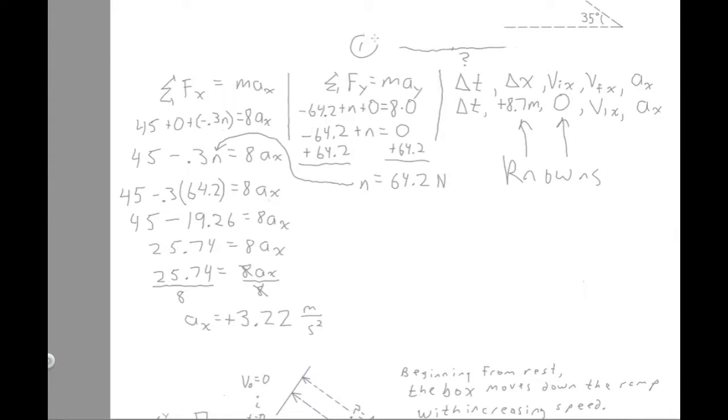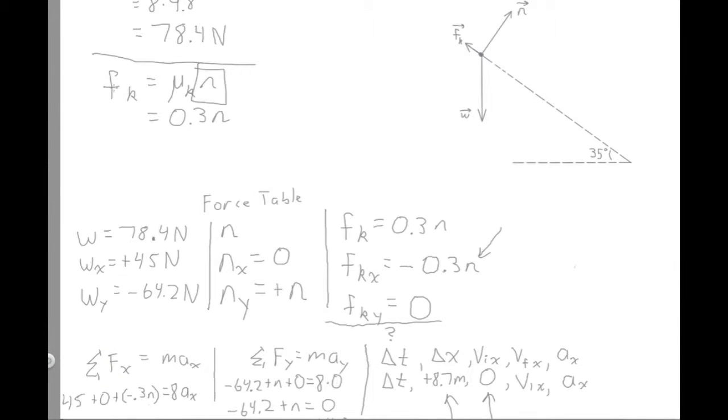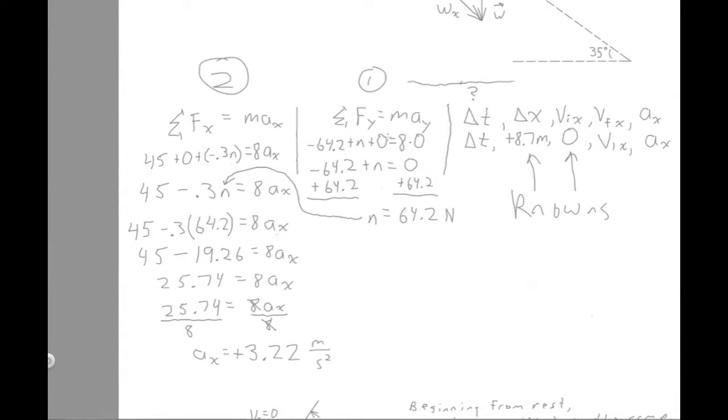It's very typical to first have to figure out the magnitude of the normal force from the y version of Newton's second law, and then plug that into the x version of Newton's second law, because remember that the formula for the magnitude of kinetic friction involves the normal force. So on friction problems, we generally first have to find the magnitude of the normal force before we can work further with these friction equations over here.